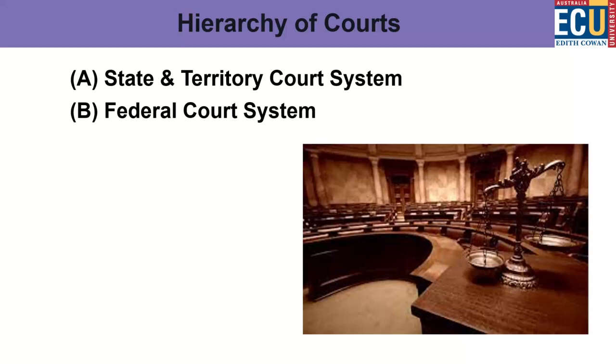Let me start explaining this concept based on last week's lecture. Last week we talked about the division of power between the Commonwealth and the state. Based on that division of power concept, we know that our Constitution has made it very clear regarding which matters the Commonwealth, or the federal, will be able to make law.